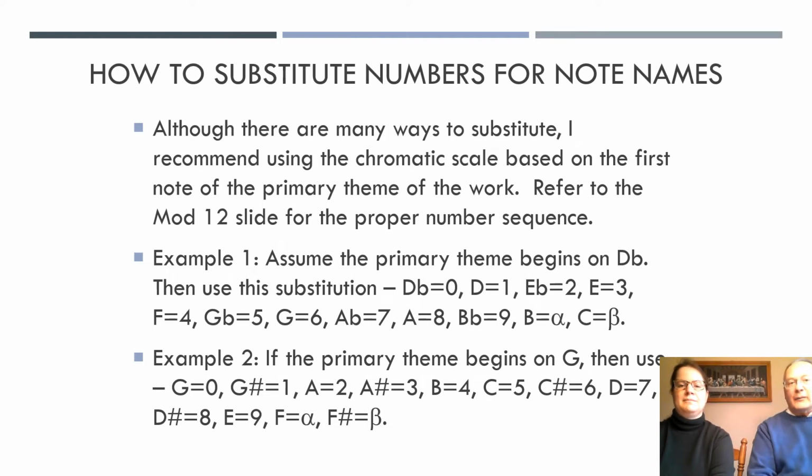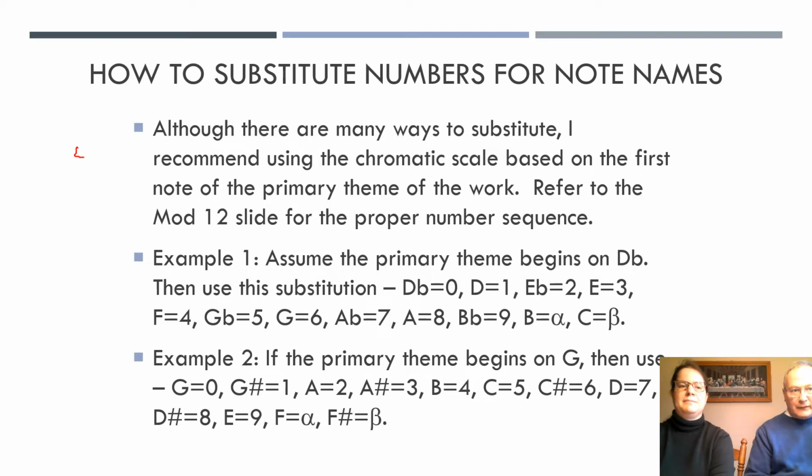Okay, now how to substitute numbers for note names. Cindy recommends using the chromatic scale based on the first note of the primary theme of the work, and we can use the mod 12 slide for the proper sequence. So that was the one with 0 at the top going around through 9, and then you have the alpha and beta.